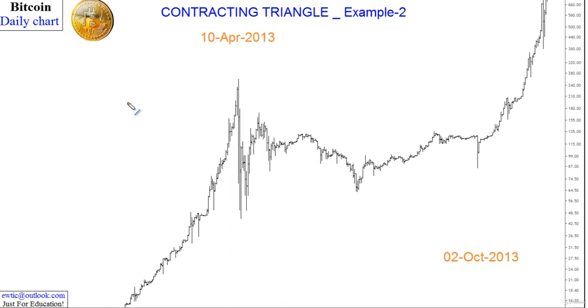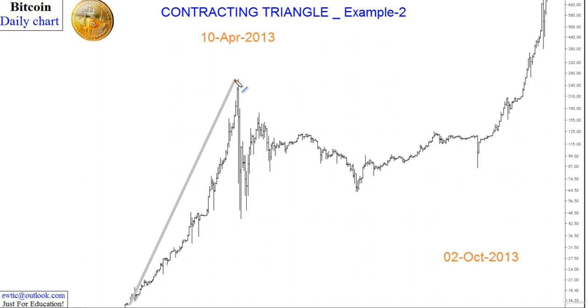So here is the next example of a contracting triangle. This is the price chart of Bitcoin, the cryptocurrency, and the time frame is daily. What we see here is that the main trend was to the upside, right? It goes from here, goes up, right?